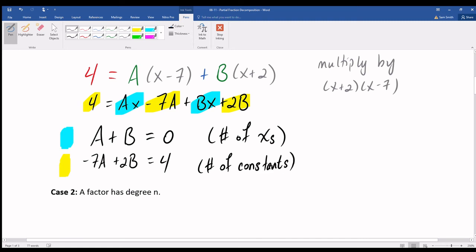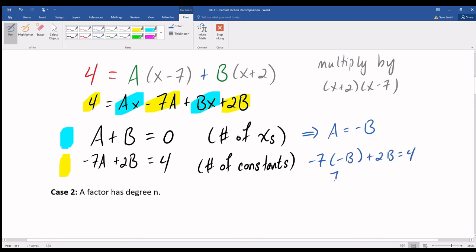Now this is a system of equations, two unknowns. The first equation implies that a and b are exactly opposite. And if I sub that information into equation number 2, then I will get negative 7 times not a, but negative b plus 2b equals 4.